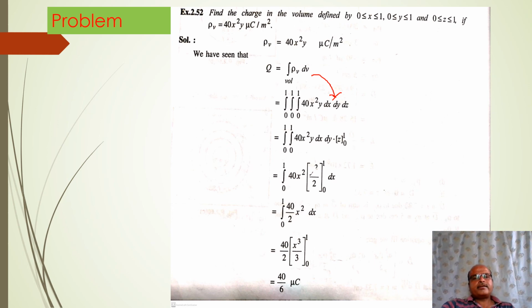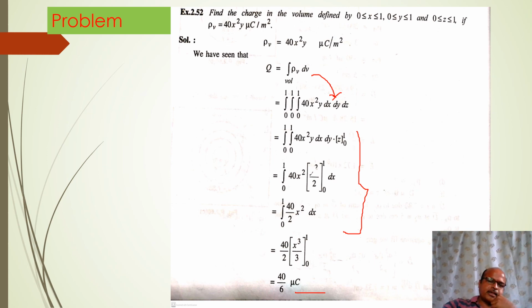The integral of x square is x cube upon 3, the integral of y is y square upon 2, and dz gives z, dy gives y, dx gives x. After solving these integral steps, we get the answer 40 by 6 microcoulomb, or by calculating on a calculator you will get the value.